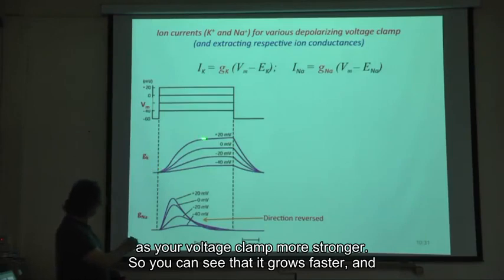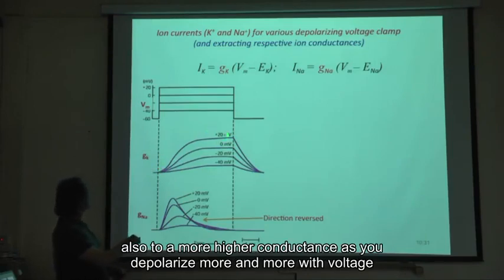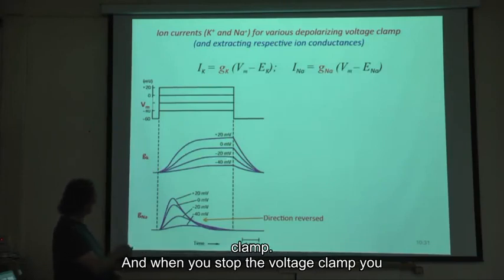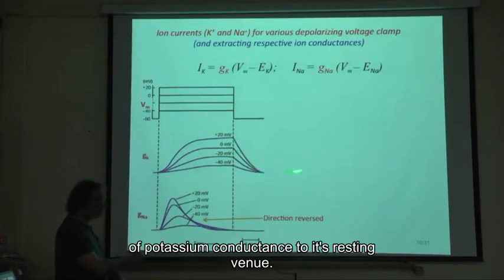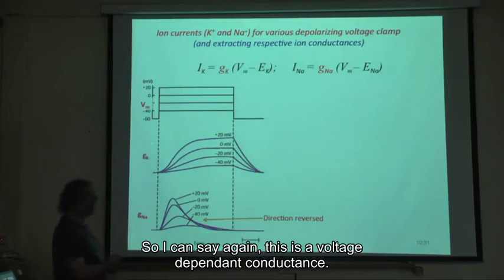So you can see that it grows faster and also to a higher conductance as you depolarize more and more with voltage clamp. And when you stop the voltage clamp, you can see the attenuation of the potassium conductance to its resting value.